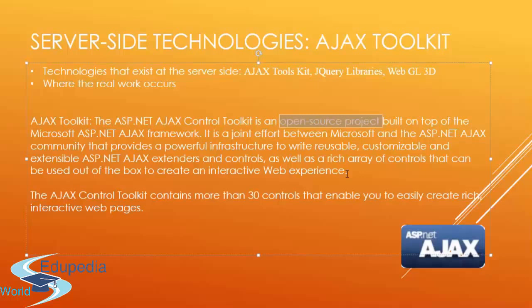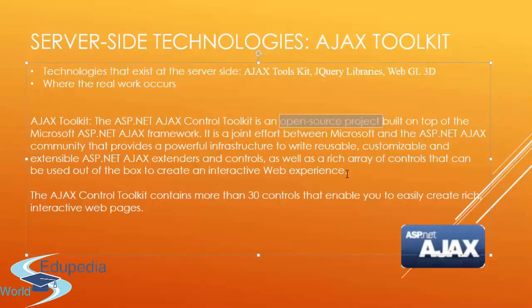It is a joint effort between Microsoft and the ASP.NET AJAX community that provides a powerful infrastructure to write reusable, customizable, and extensible ASP.NET AJAX extenders and controls, as well as a rich array of controls that can be used out of the box to create an interactive web page.